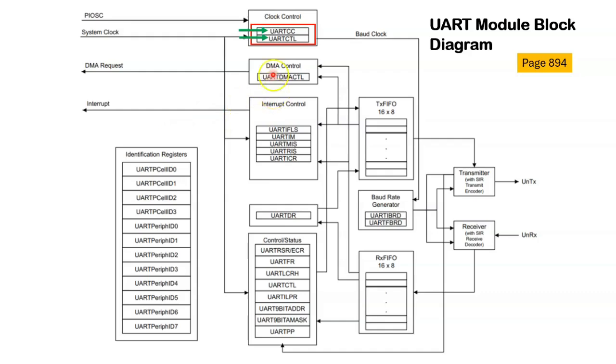So the first one I'd like to look at is the clock control part, and I'd like to highlight these two registers here. The first one is the UARTCC. That is the UART clock configuration register. Then there is the UARTCTL. That is the UART control register.